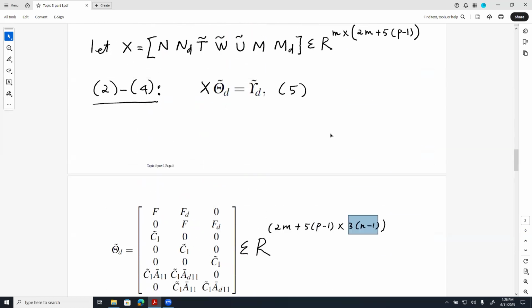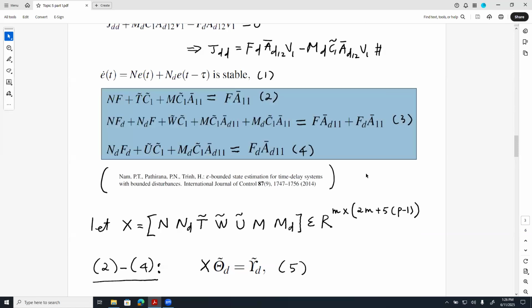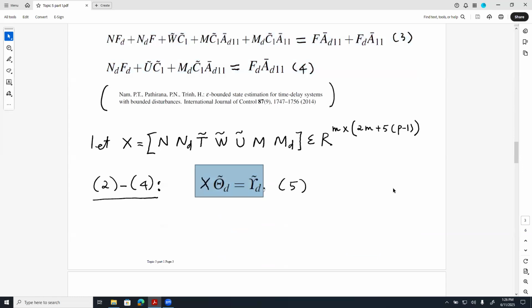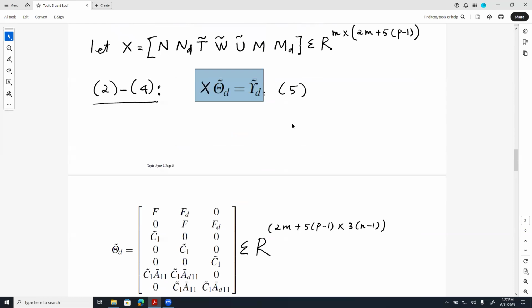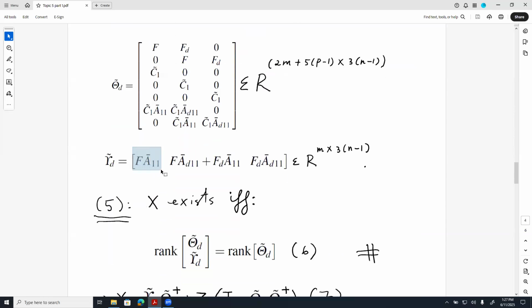So it's relatively straightforward to express the three matrix equations in an augmented form, which is a very well-known form in the literature on designing functional observers. And the other known matrix here, which is a row matrix, is linked to F, I bar 11, F_D, I bar D11, and all of that.